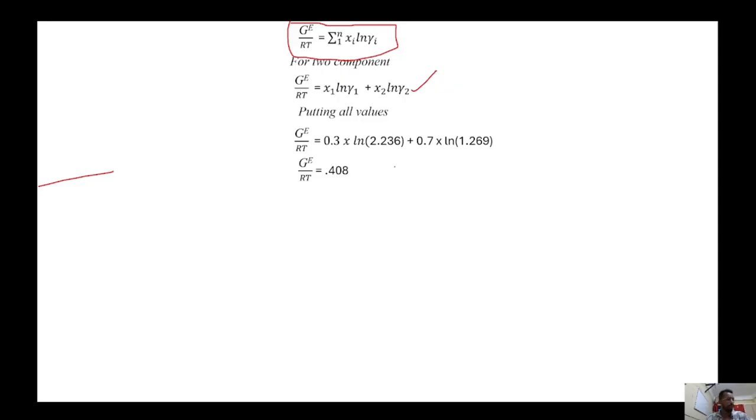Actually, I remembered the answer but I have not calculated it, so I will calculate it to make sure the answer is correct. 0.3 into ln 2.236 plus 0.7 into ln 1.269 gives 0.4081. Yeah, actually when I was solving the previous year paper for my GATE preparation, I just remembered the answer. So it is right, 0.408.